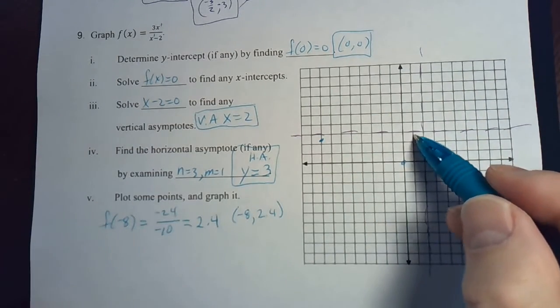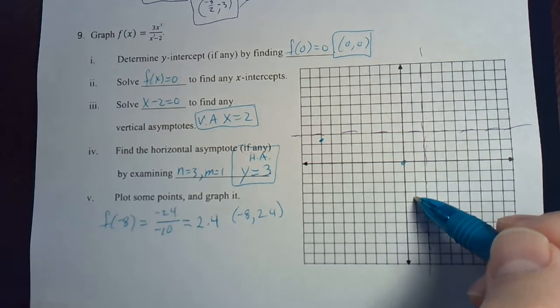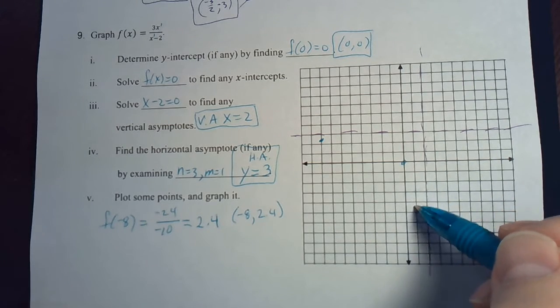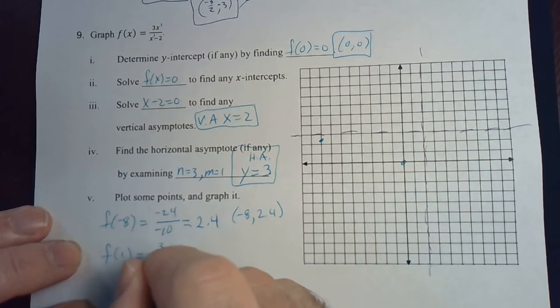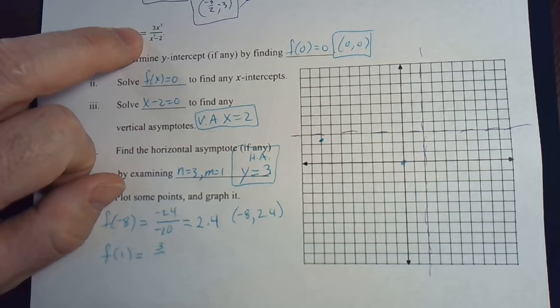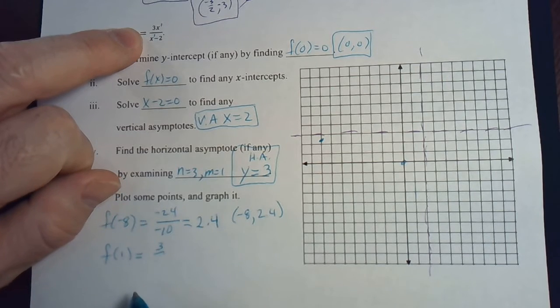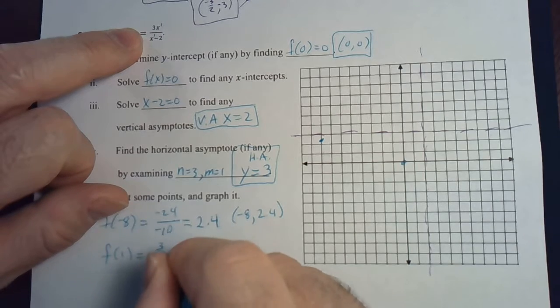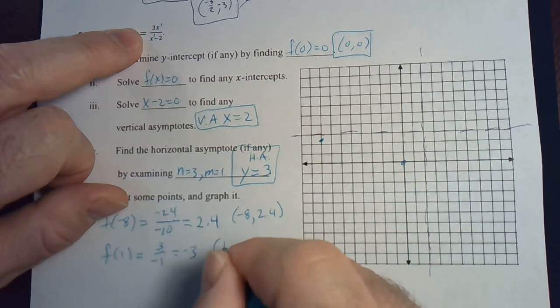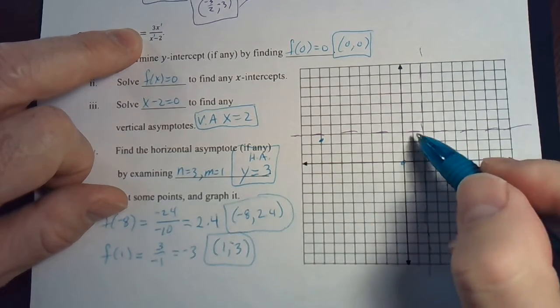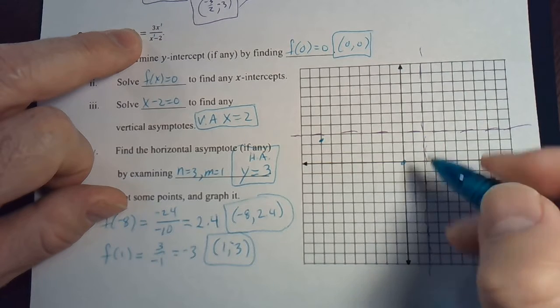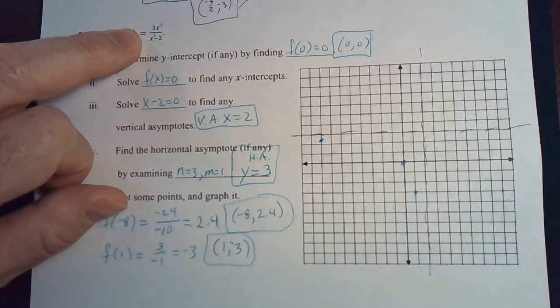That's about what we expected. And then if I plug in a 1, I expect it to be somewhere down in this region here. So let's plug in a 1. F of 1 is 3 on top over 1 minus 2, negative 1, which is negative 3. So that gives us 1 comma negative 3. 1 comma, 1, 2, negative 3, as we suspected.